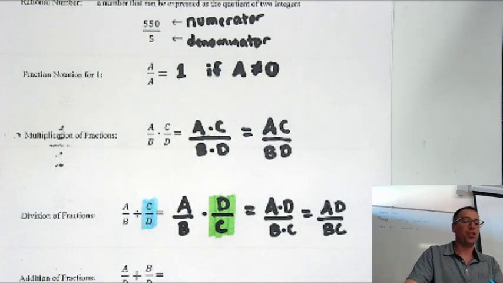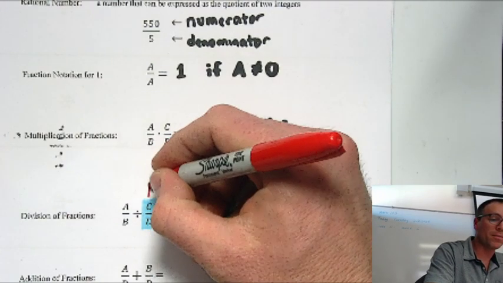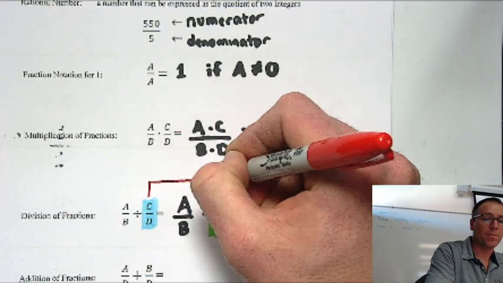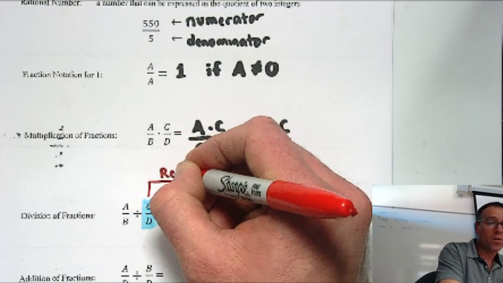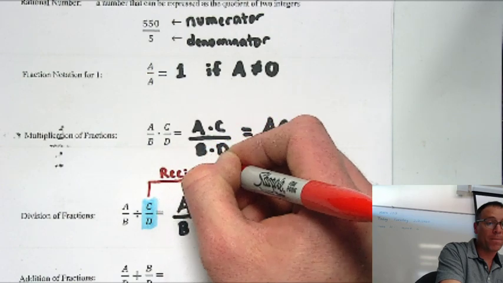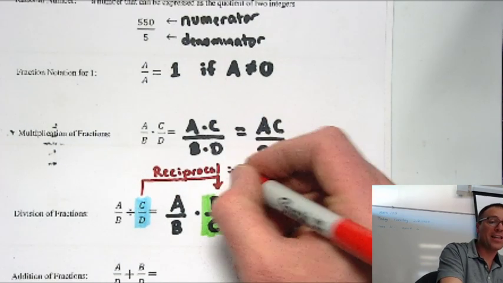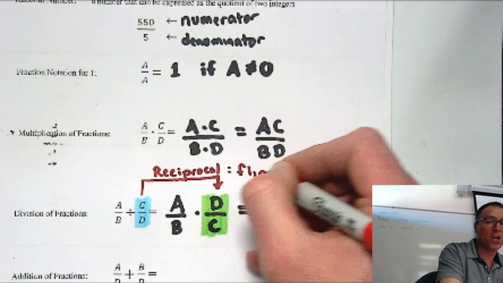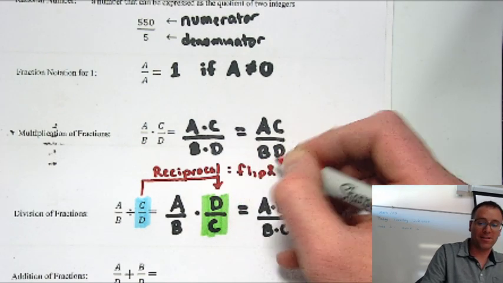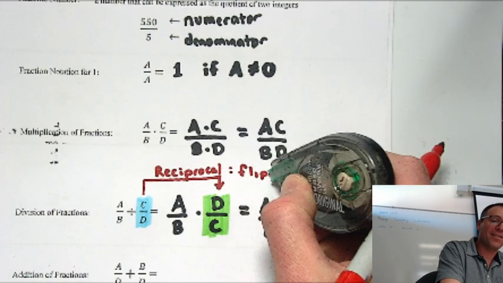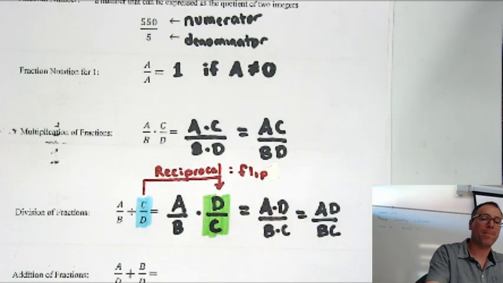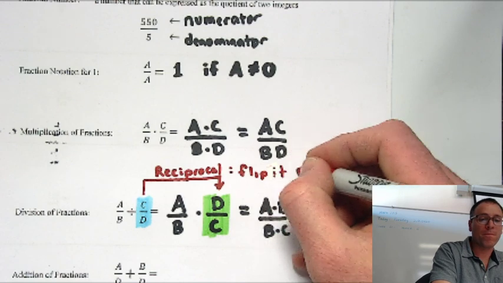Anybody know the relationship, what we call those things? Yeah, we call that reciprocal. And another way to say that is flip it and reverse it. So when you're dividing fractions, you do the inverse operation, which is multiplication.